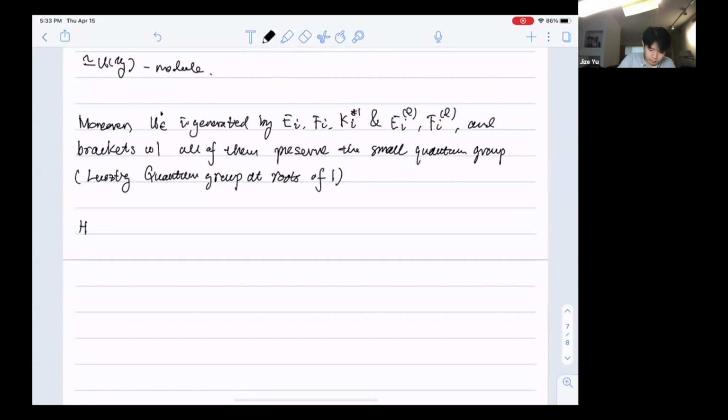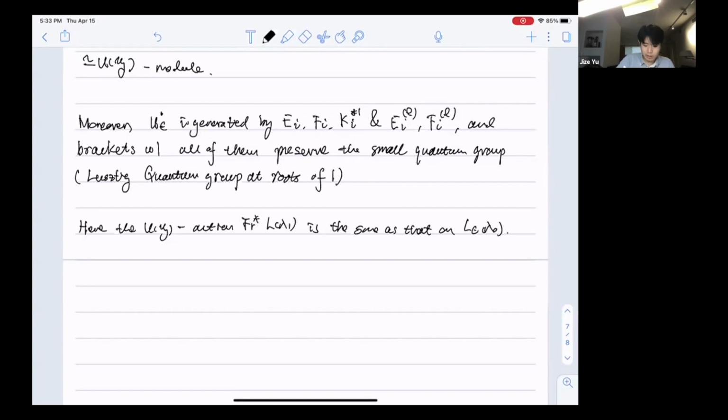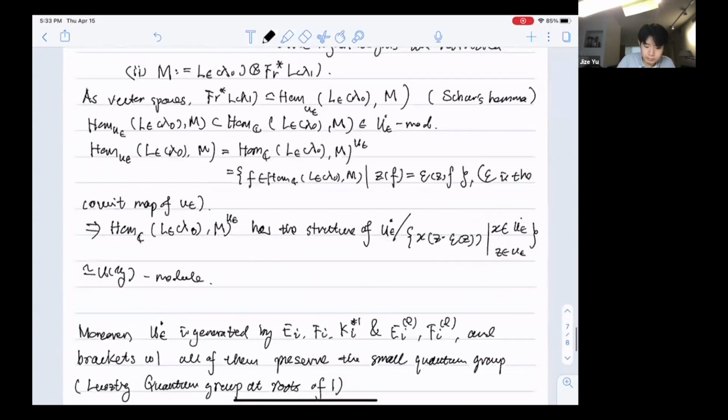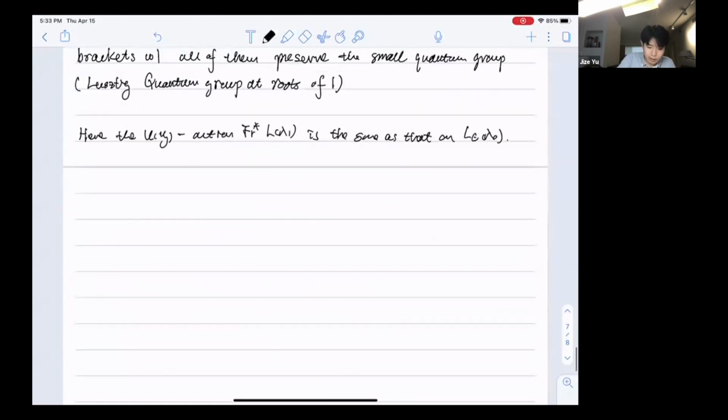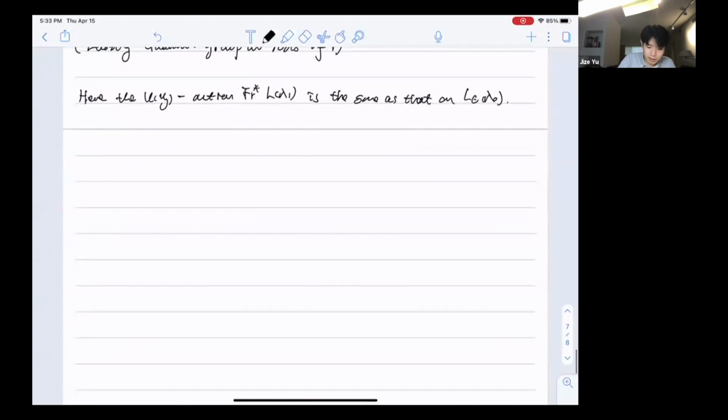So here, this U of G action on the Frobenius pullback of L lambda 1 is the same as its action on L_epsilon lambda 0. So finally, we can compare the highest weights on both sides.